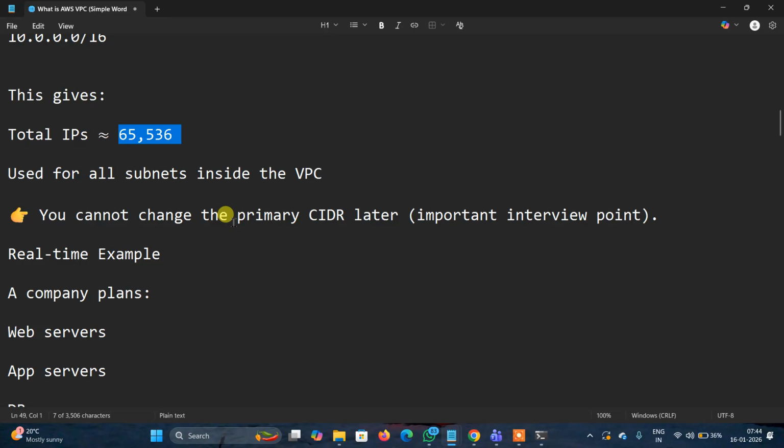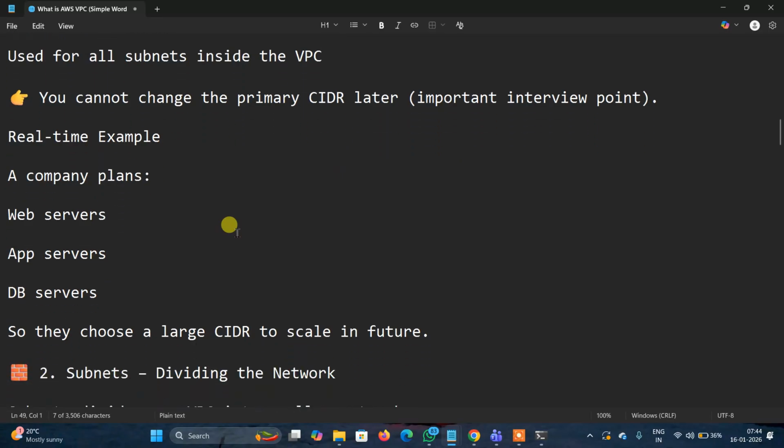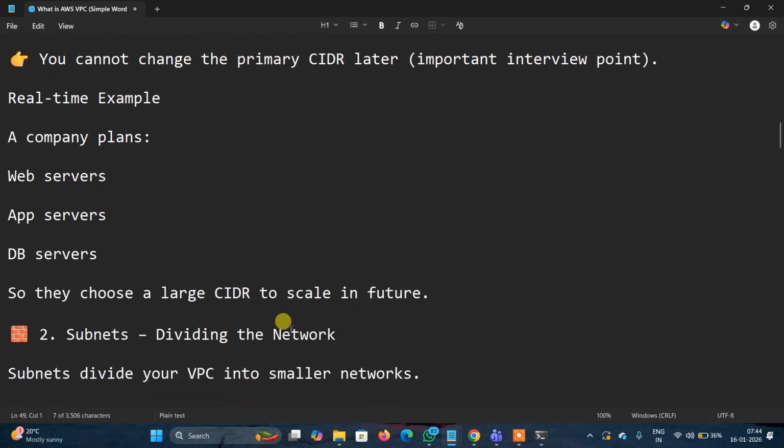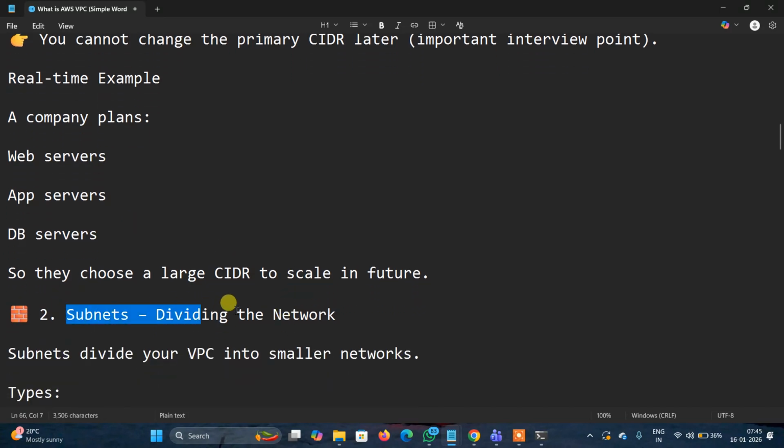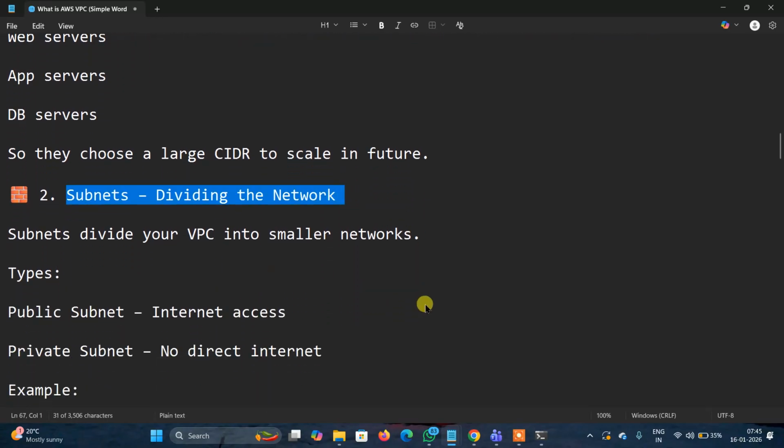You can't change the primary CIDR number. In a real-time example, if a company plans for web servers and app servers, this large CIDR can be divided into smaller networks. Understand?